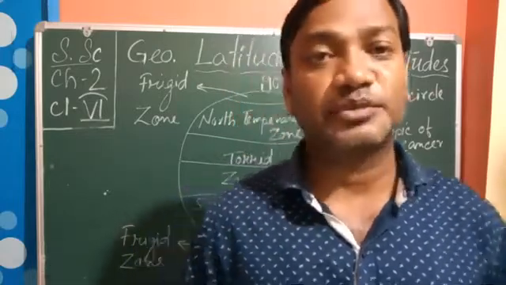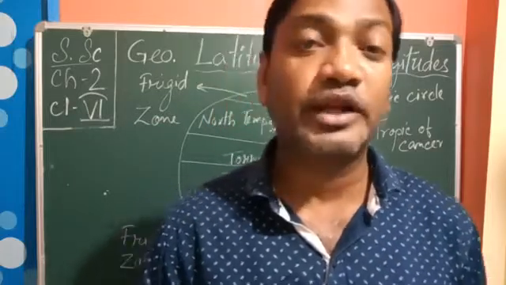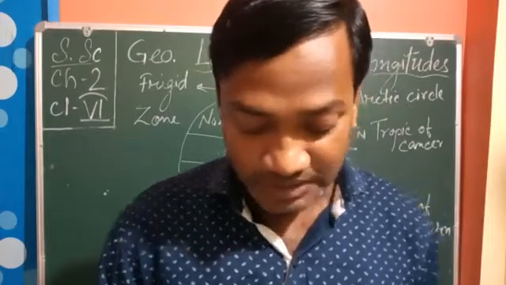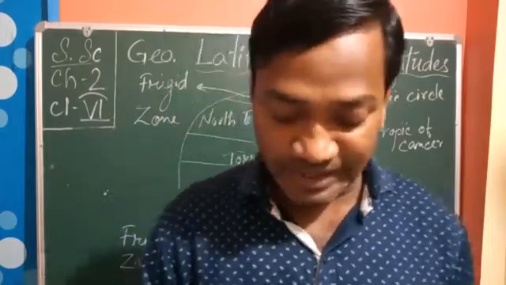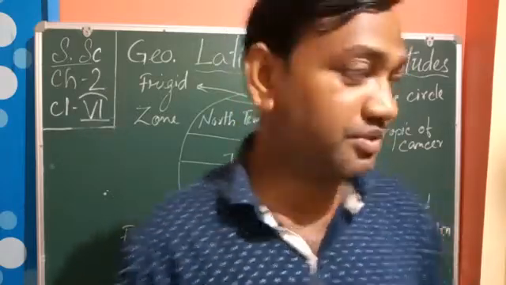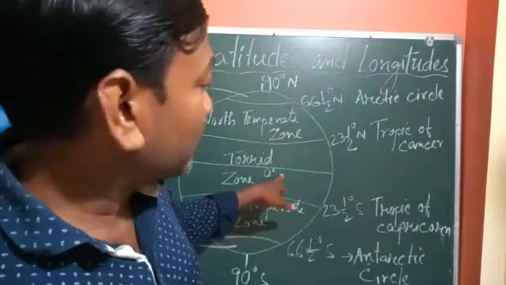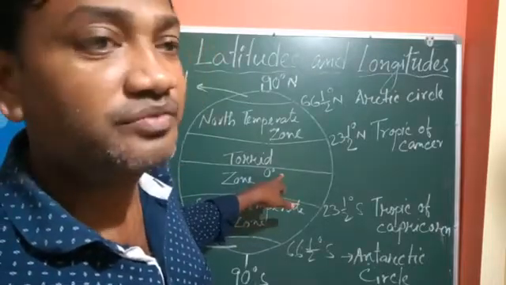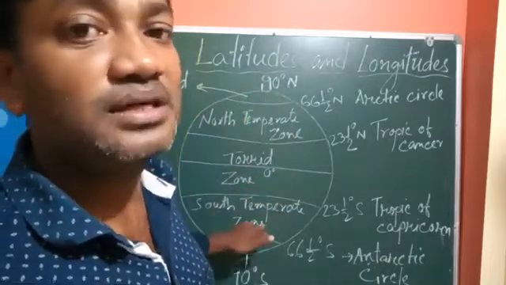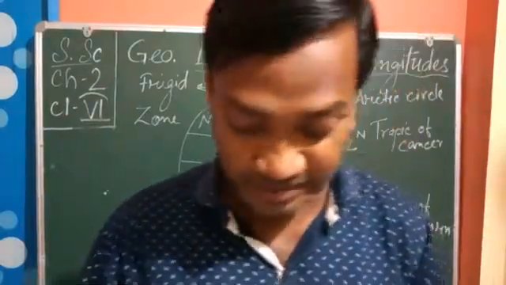Now let us come to know about the meridians or longitudes. The equator is used as the line of reference for locating places in the north and south directions. So this equator helps us to locate any place, whether it is in the northern hemisphere or the southern hemisphere.